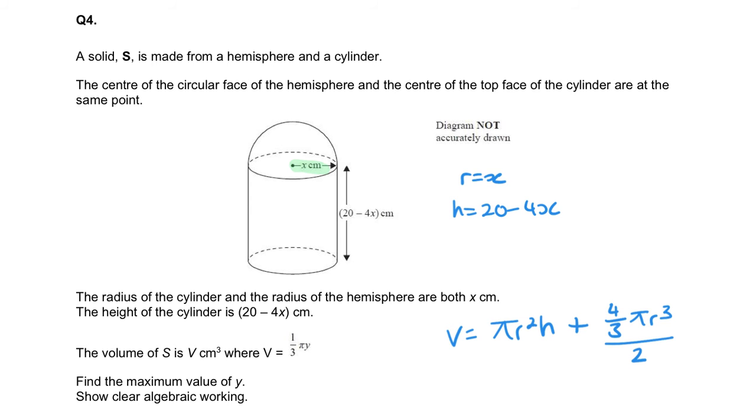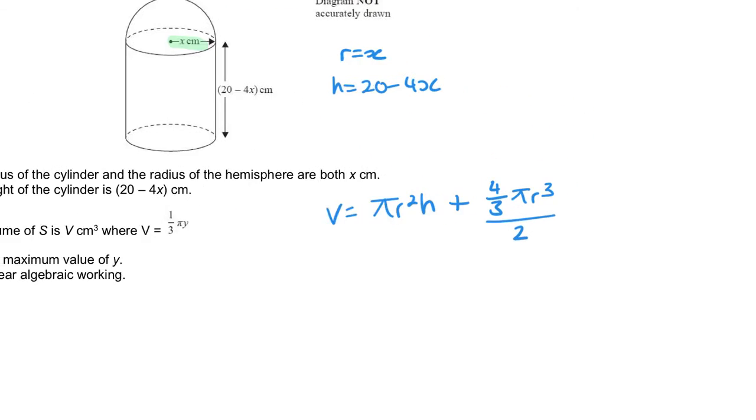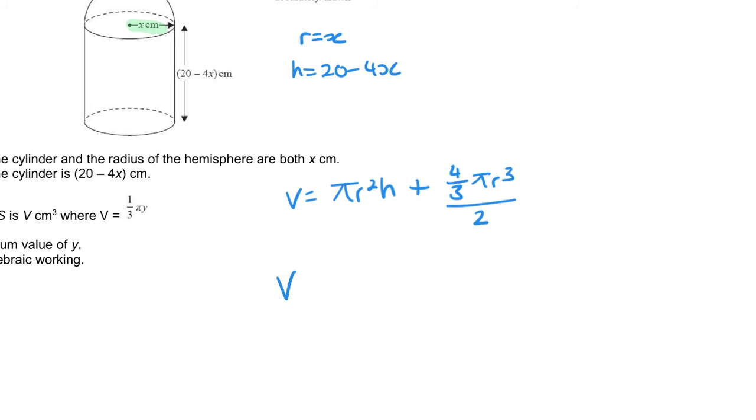So, let's work this out. Our volume equals pi times, what is our r? x squared, and what is our h? 20 minus 4x. Plus, 4 over 3 divided by 2 is 2 over 3, so 2 over 3 pi times x cubed.